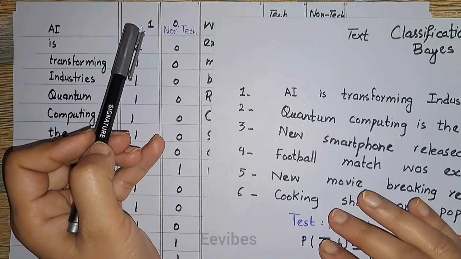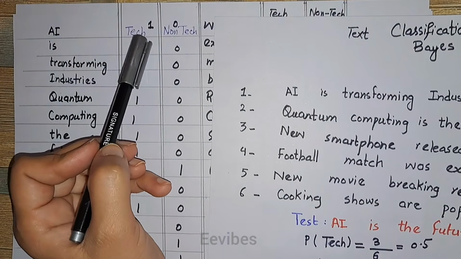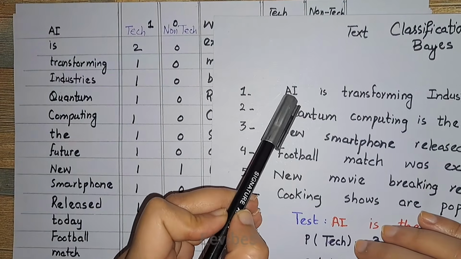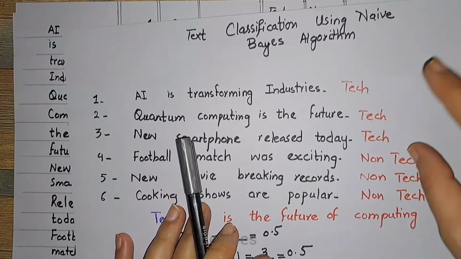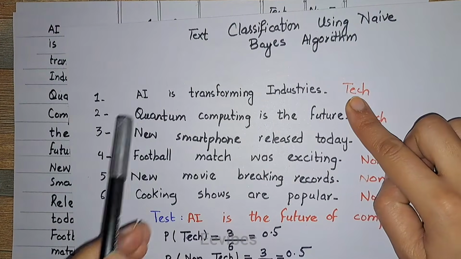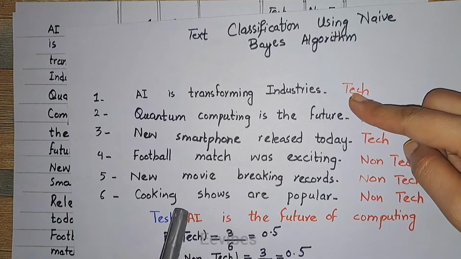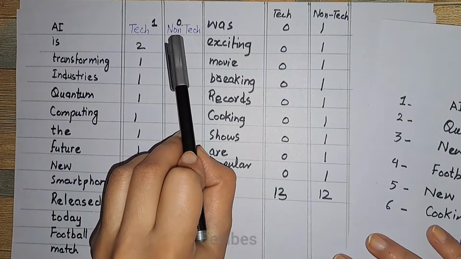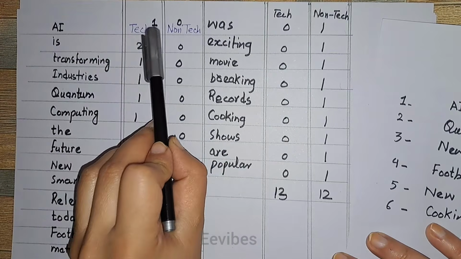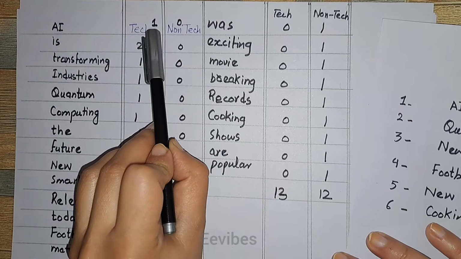For example, the word AI occurs only once and it belongs to the class tech. AI is not appearing in the class non-tech, so its count is 0, while in the tech class its count is 1.